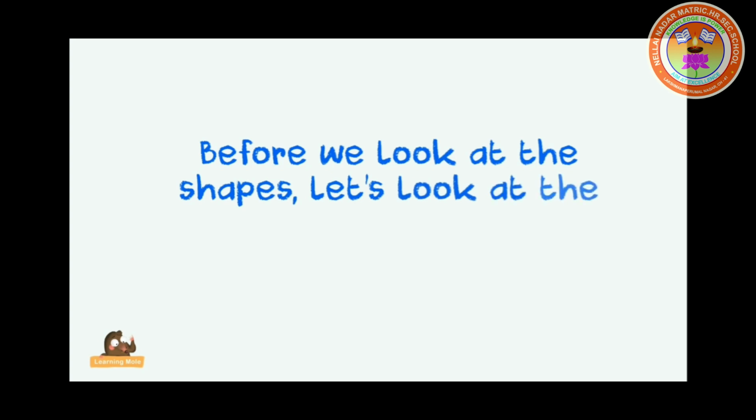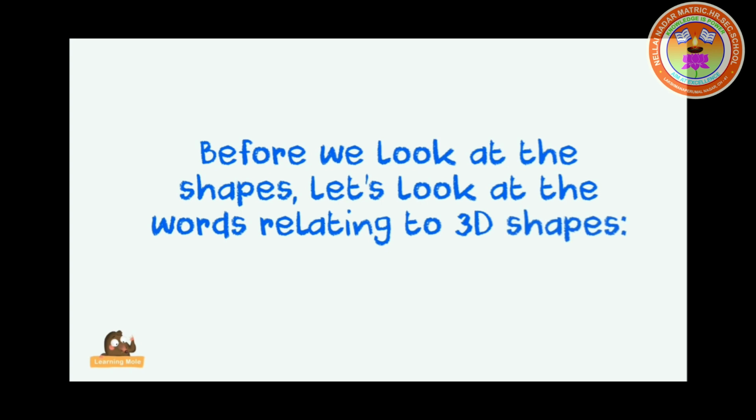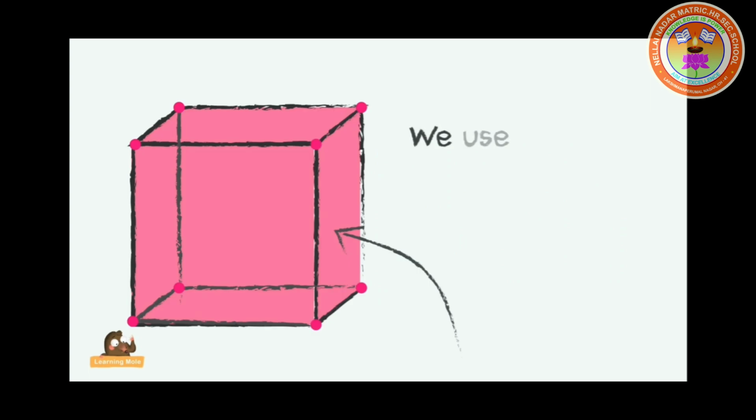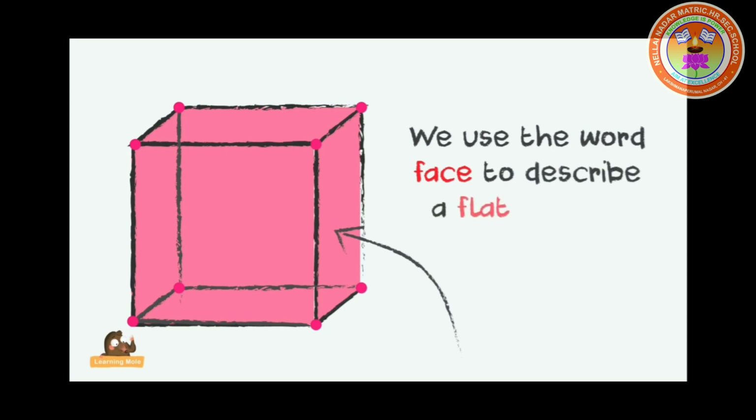Before we look at the shapes, let's look at the words relating to 3D shapes. The arrow mark denotes each thing. We use the word face to describe a flat surface of a 3D shape. So that is the face.